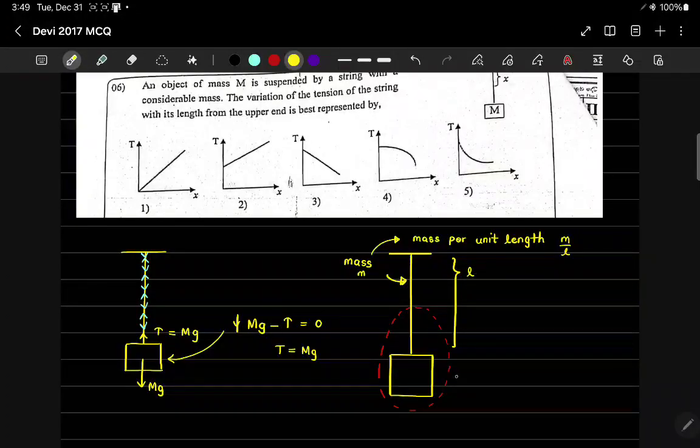Now, when we consider this portion, the forces of this portion would be something like this.